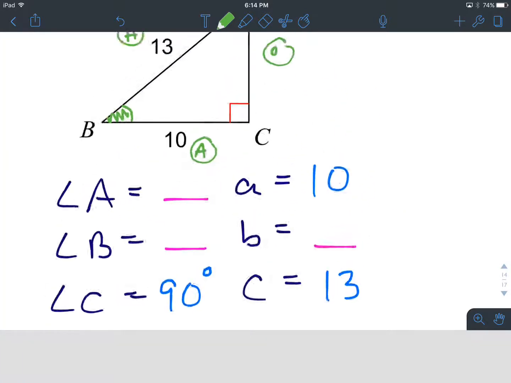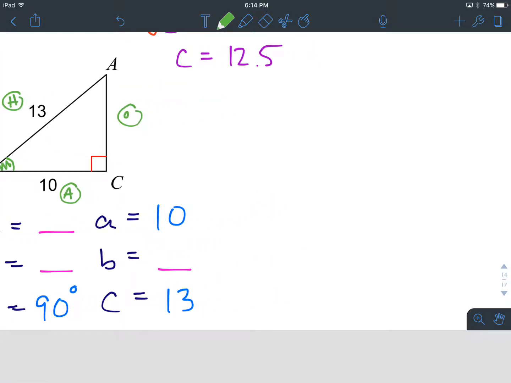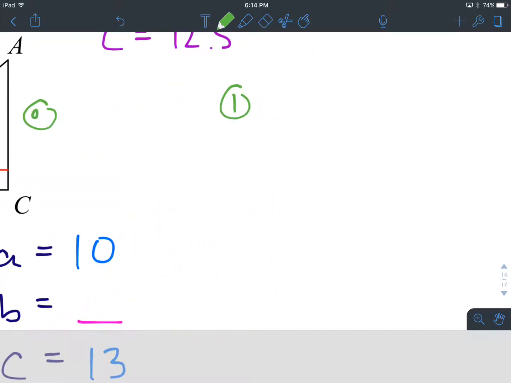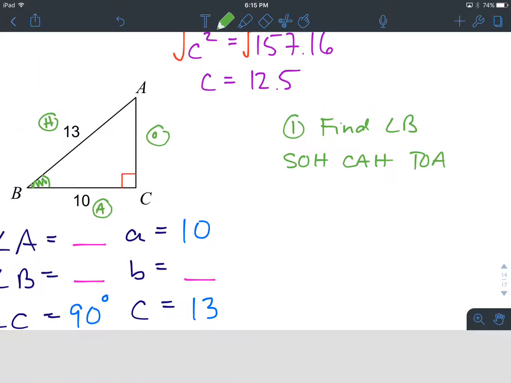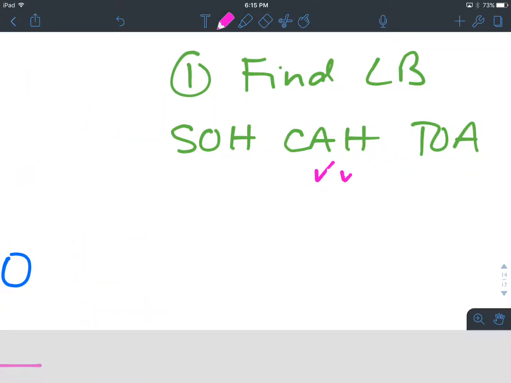So let's do number one over here. Number one, we'll call this find angle B, and we'll write out our SOHCAHTOA. Looking back over there, we see that we have hypotenuse and adjacent. So hypotenuse and adjacent, that's no tangent, that's no sine, that's going to be cosine.